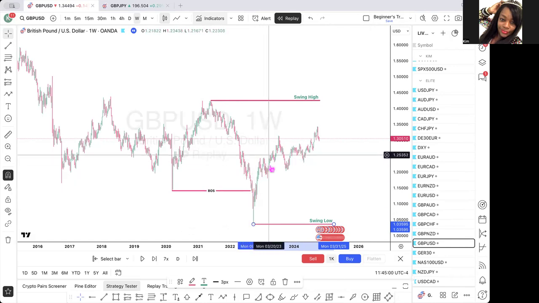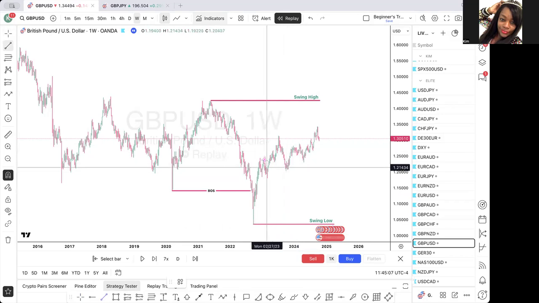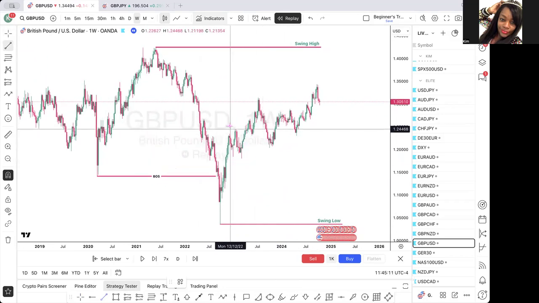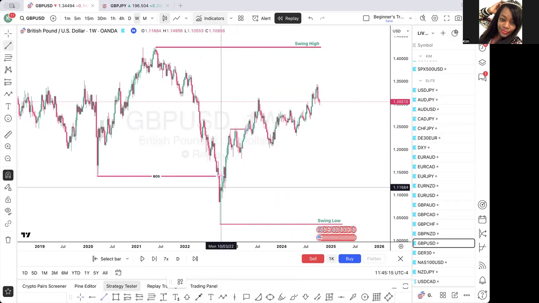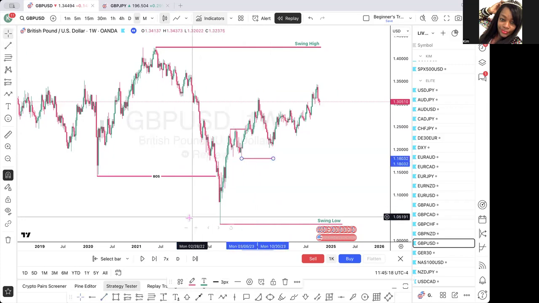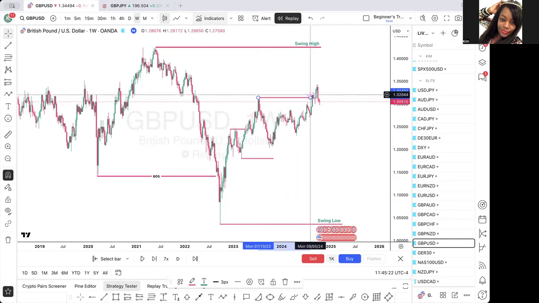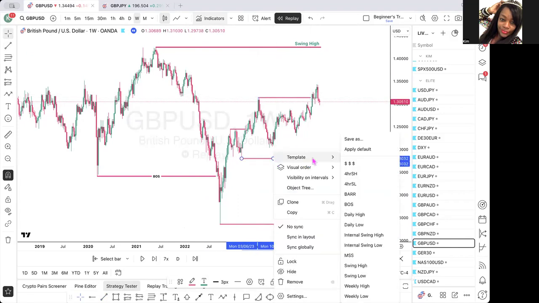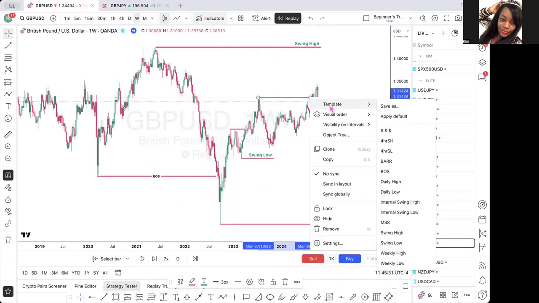Once price starts pulling back and I start seeing the structure, meaning I see a break of structure here, which makes this my swing low and this my swing high. Okay, I'm just going to go ahead and mark it as a swing. Swing low, and this my swing high.